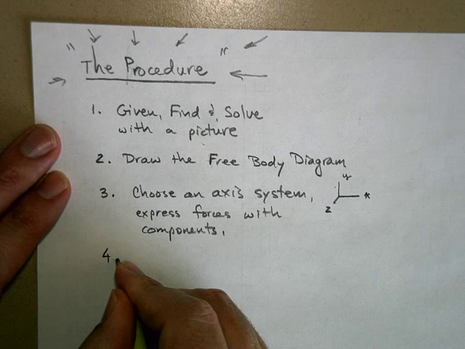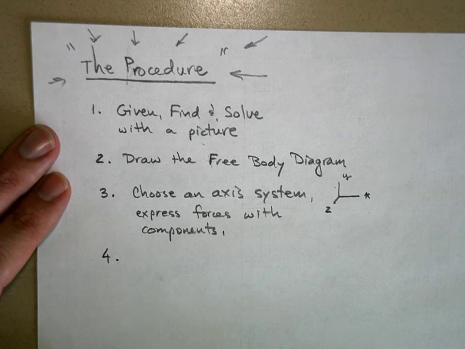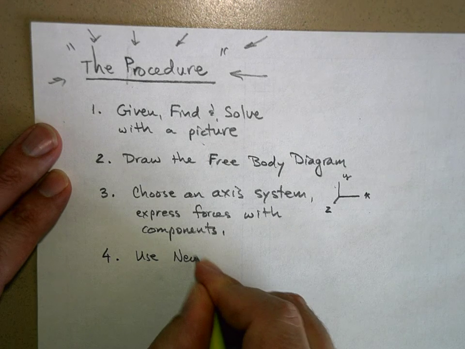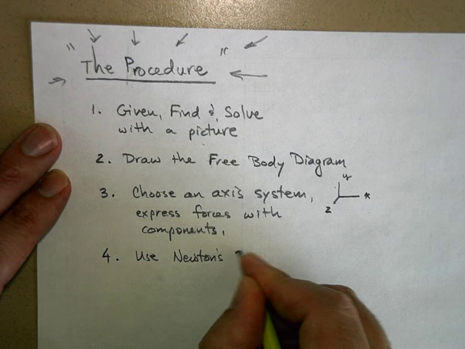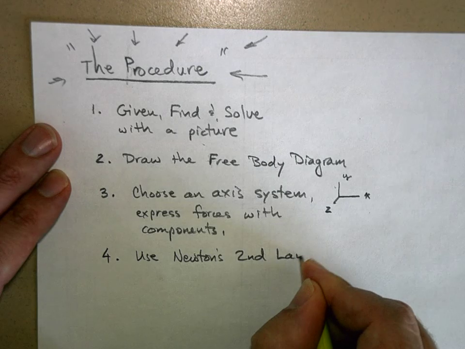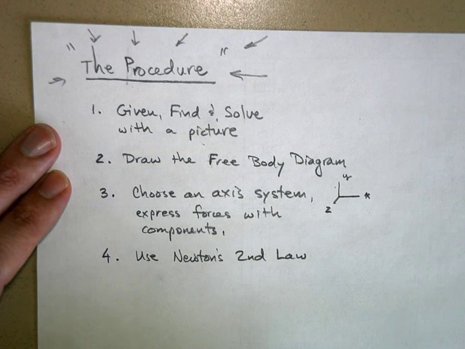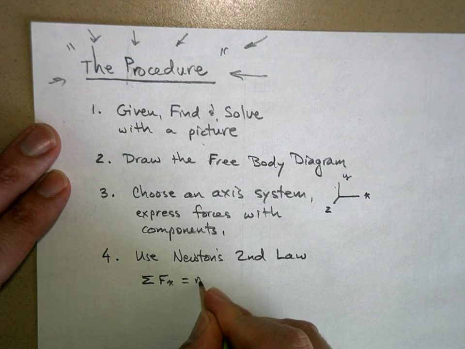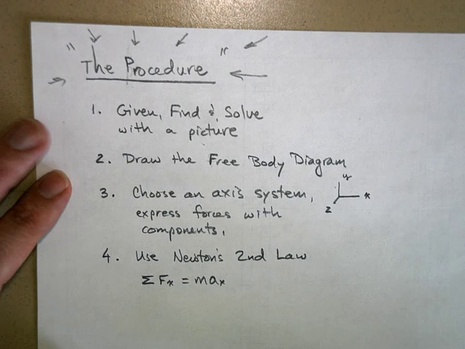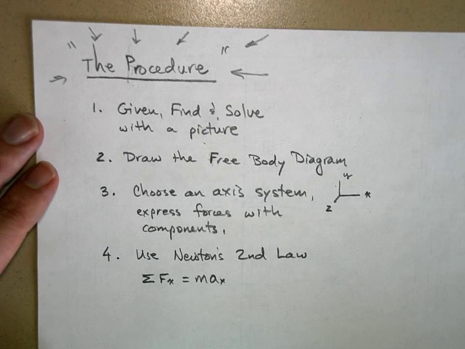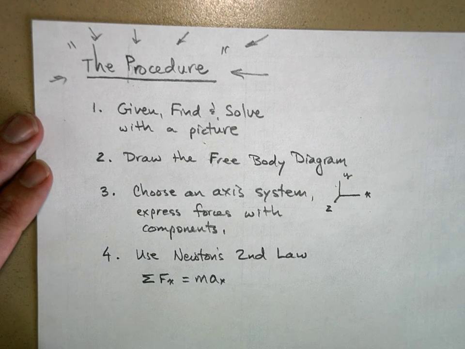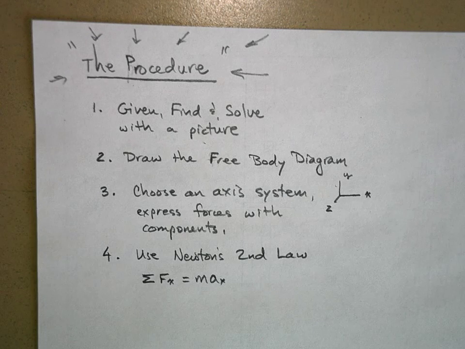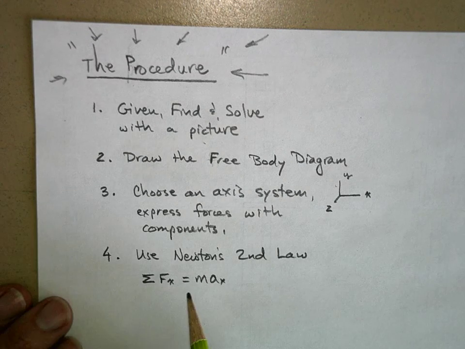Step 4, use Newton's second law, and you're going to do it this way. Sum the forces in the x direction; that will equal ma in the x direction. So you're just going to look in the x direction and add up all the forces that are in the x direction, and set that equal to ma in the x direction.